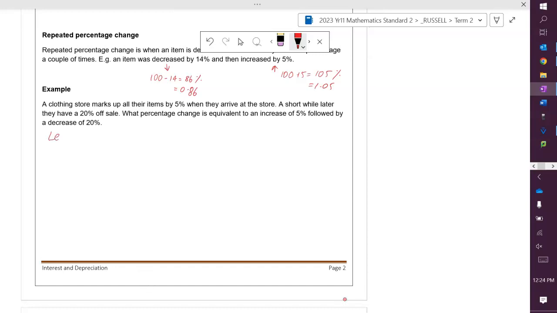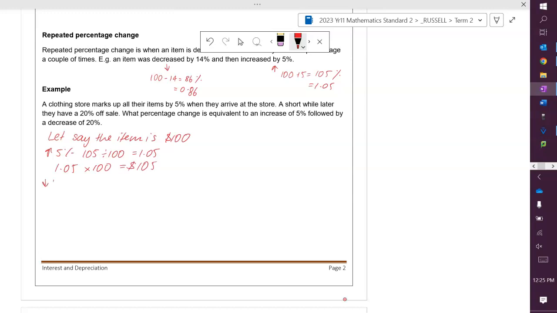So we give our item a price. So let's say the item is $100 because we need a starting point. So if it's an increase of 5%, that would be 105, divide by 100, which is 1.05. And so if we say 1.05 times 100, that gives us $105.